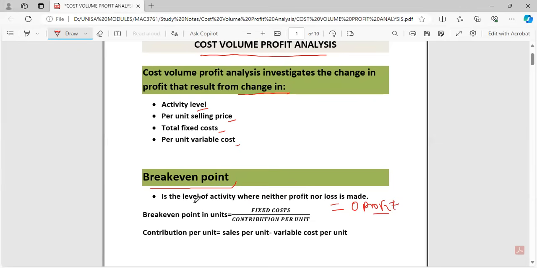You only have to cover the fixed cost. So this is the formula for break-even point in units. Contribution per unit is equal to sales per unit minus variable cost per unit. So in your question, you should be able to pick the variable cost so that you can calculate your contribution.